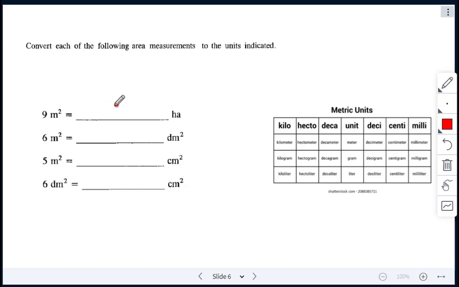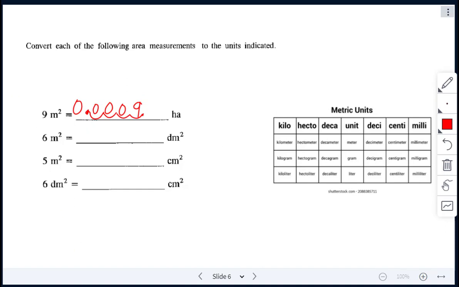Our current decimal point is here. Like I said, from meters to hectares, it's 1, 2 to the left, but we're going to double that because this is area. So we're going to move it 4. So 1, 2, 3, 4. New decimal point goes right there, and we'll fill these in with zeros. So it is equal to 0.0009.